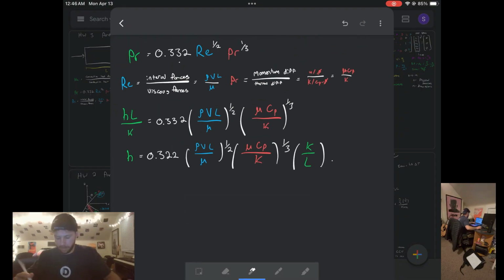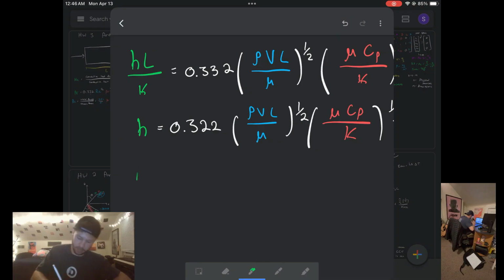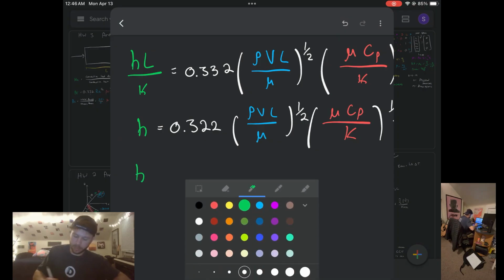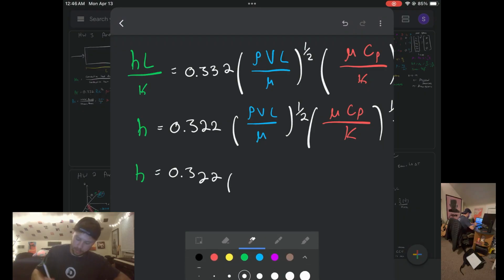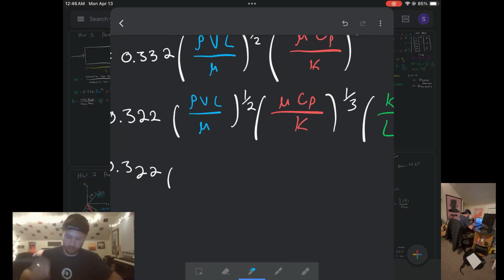Okay, we can further simplify this equation. Say that our coefficient of convection is equal to 0.332 times our Reynolds number, which we can multiply out.